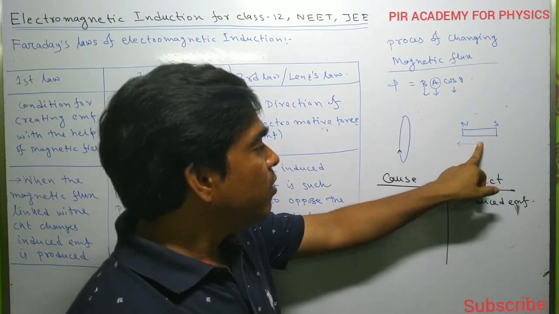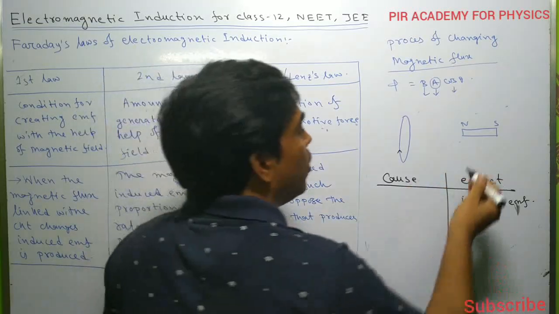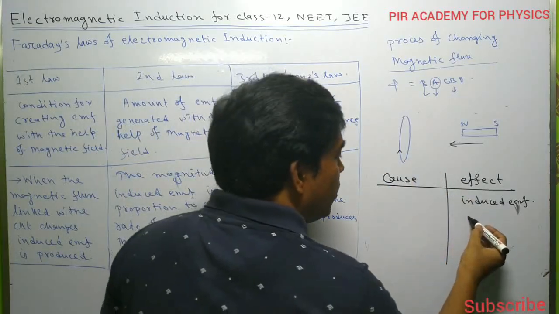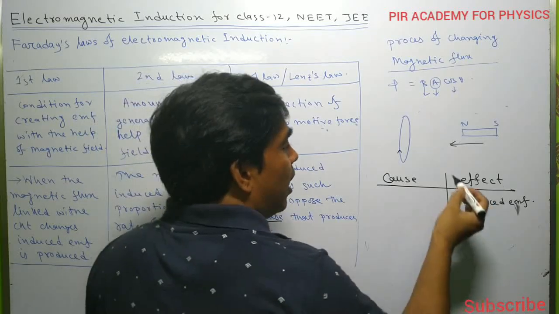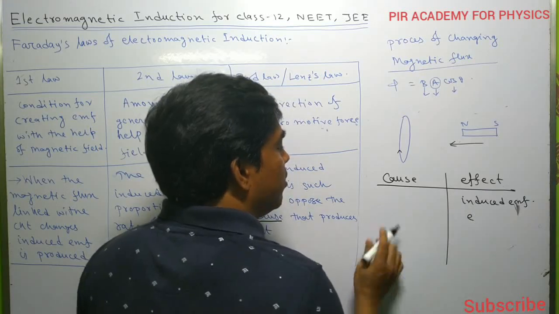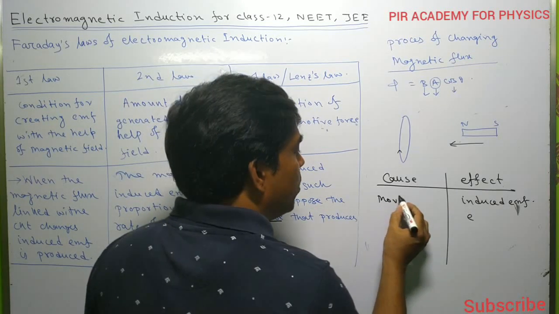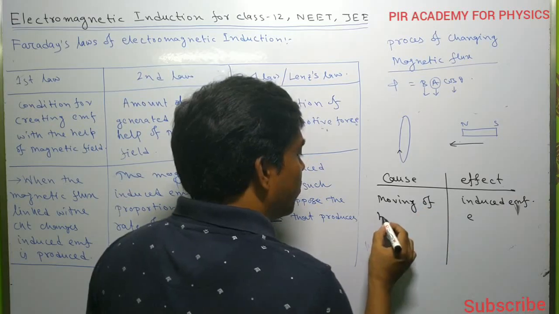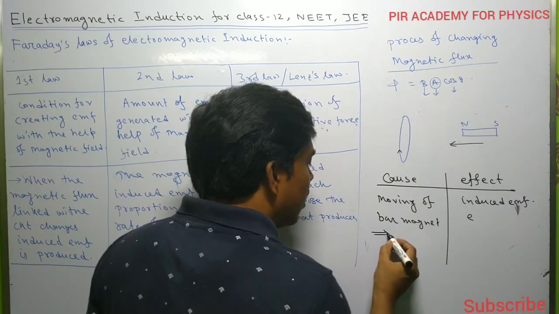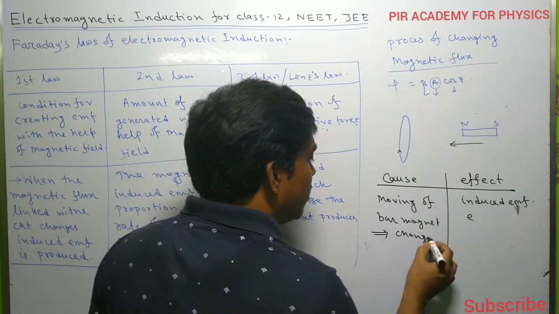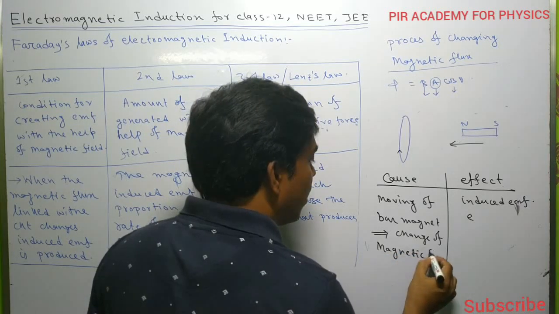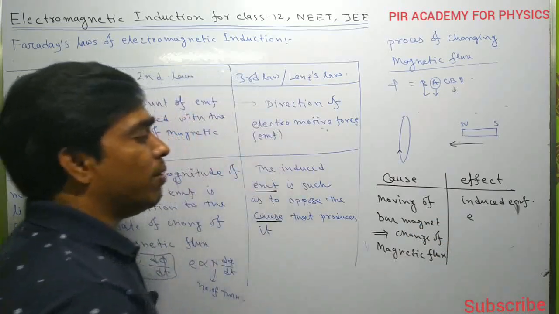That means suppose this bar magnet moves towards this loop, then there will be induced EMF. That means the cause of the induced EMF is the moving of the bar magnet, that is, change of magnetic flux.